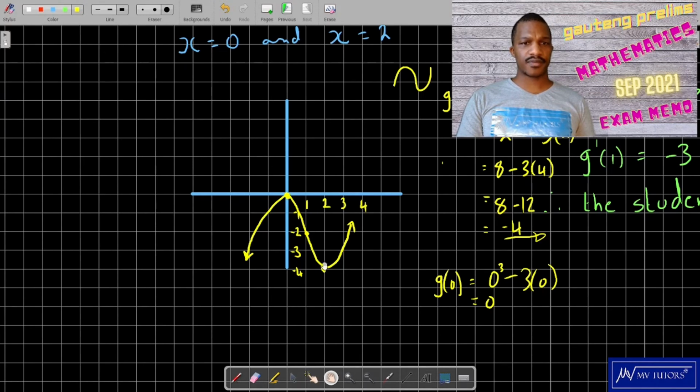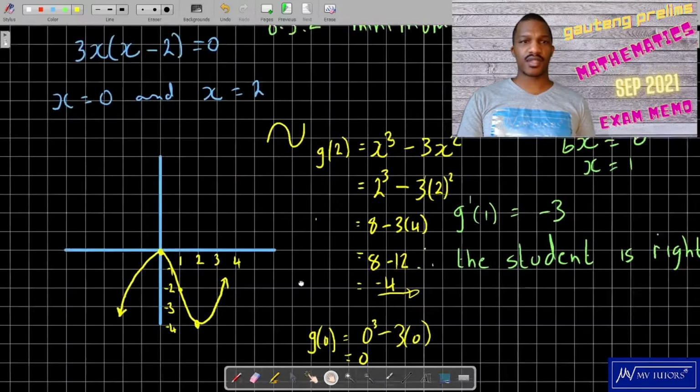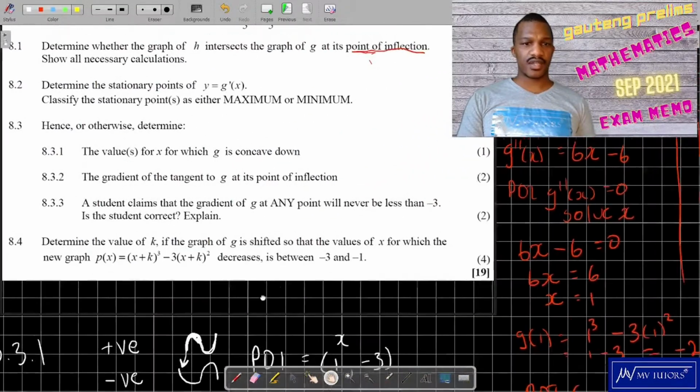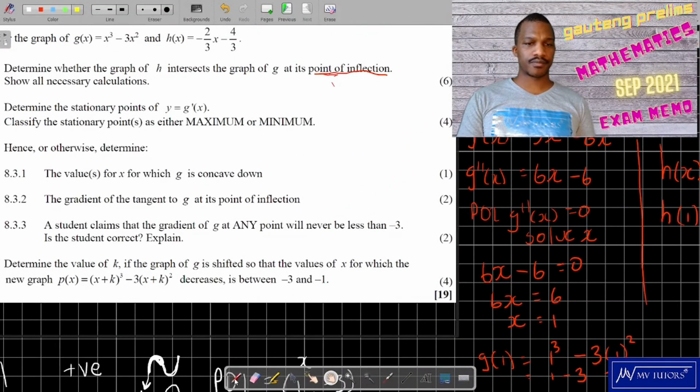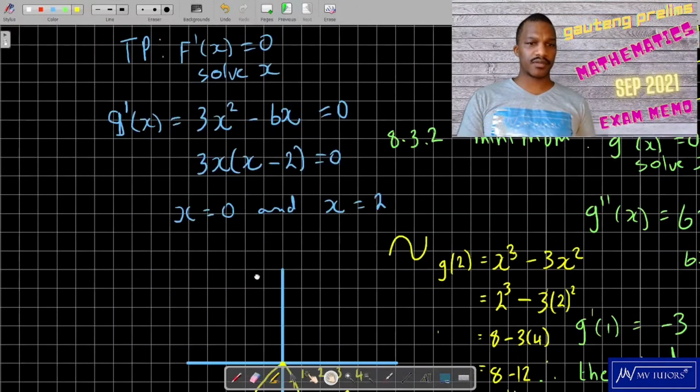Now, as you can see, it is decreasing from 0 to 2. But now with the new graph, they are telling me on the equation that it decreases from minus 3 to minus 1. So let me show you what that means.